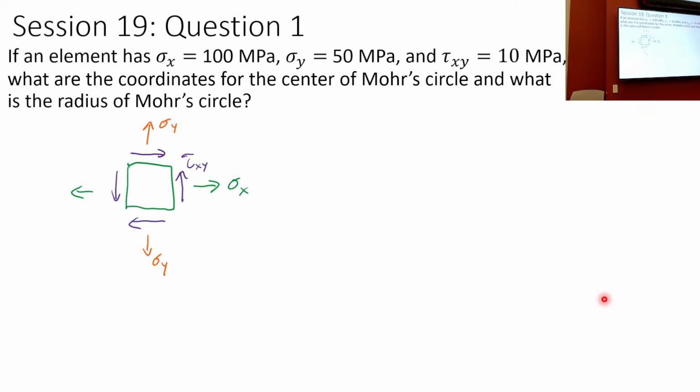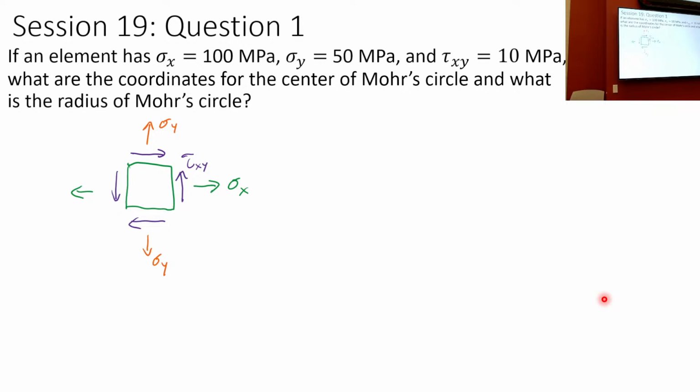If I'm thinking in terms of sigma comma tau, the center of Mohr circle is going to be tau equal to 0, right? It's on the horizontal axis. When we have the sigma tau coordinate system, the second component is 0. So, what's the first component? What's the sigma component?